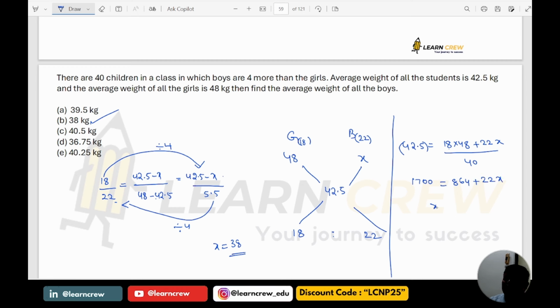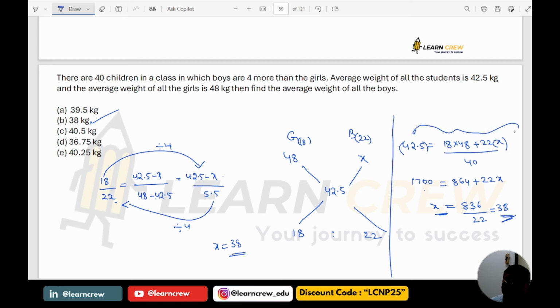Thereby x would be 1700 minus 864, which is 836, divided by 22. 22 threes are 66, 8s are. So you will get the average weight of boys, x, as 38 by using the weighted average, combined average formula.